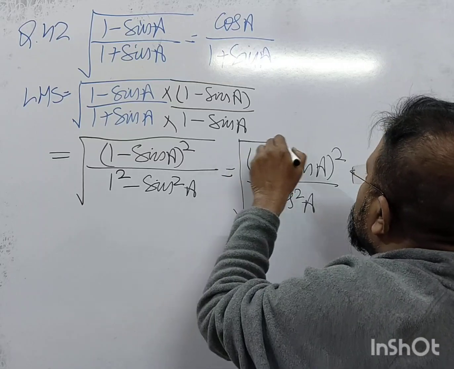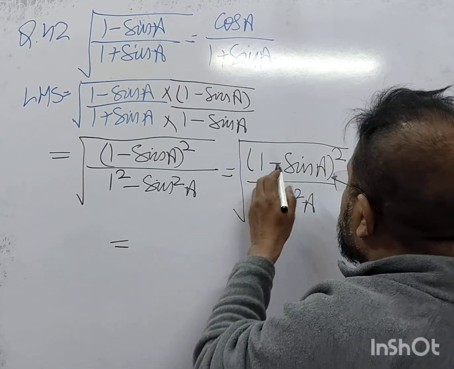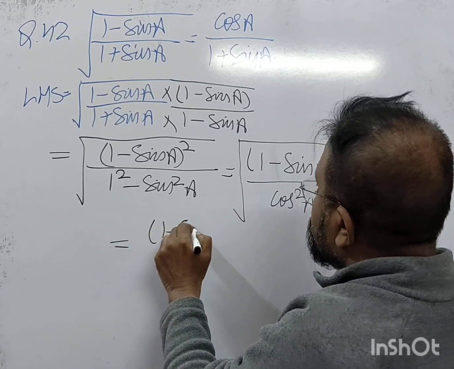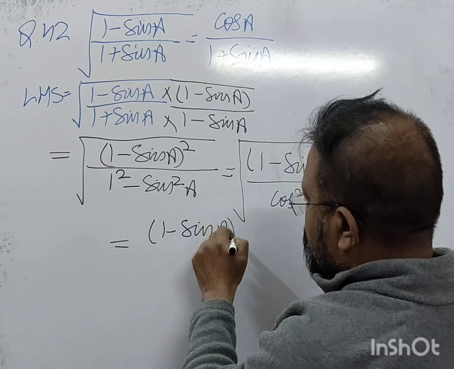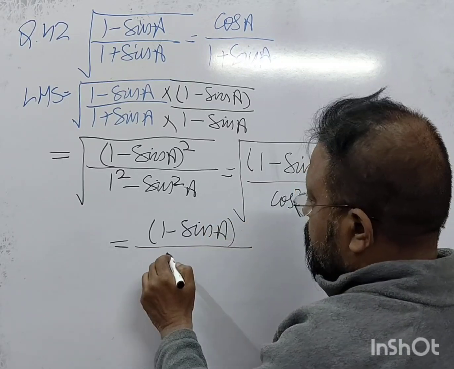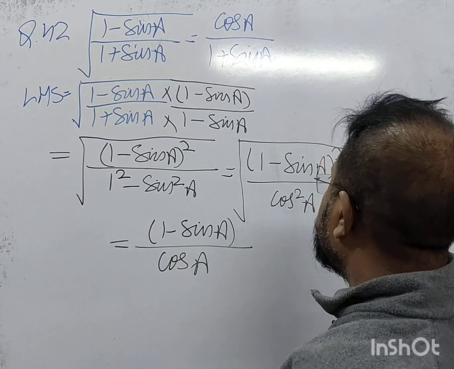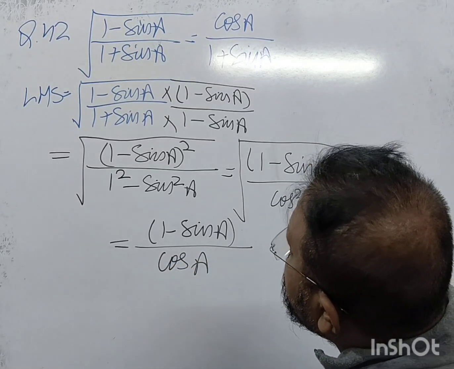It is root over. So when we remove roots, it becomes 1 minus sine A upon cos A.